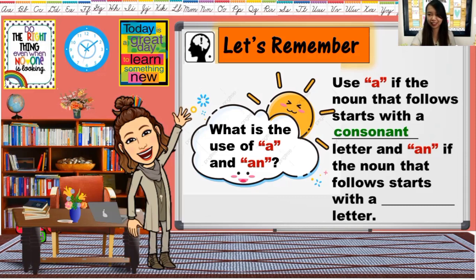Consonant letter. Okay, you're right. And use an if the noun that follows starts with a vowel letter. So I'll repeat. We use a if the noun that follows starts with a consonant, and we are going to use an if the noun that follows starts with a vowel letter.